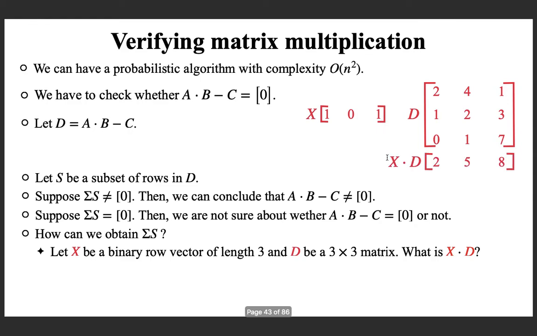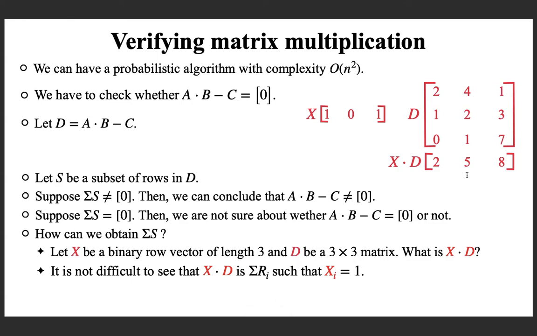For this example, you can easily verify that this is the product vector. And it is not difficult to see that X into D is actually the sum of rows of this matrix, and you are taking the ith row in the subset if Xi is 1. Here XD is row 1 plus row 3.